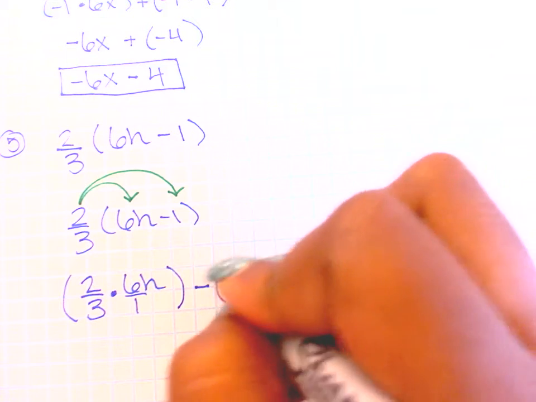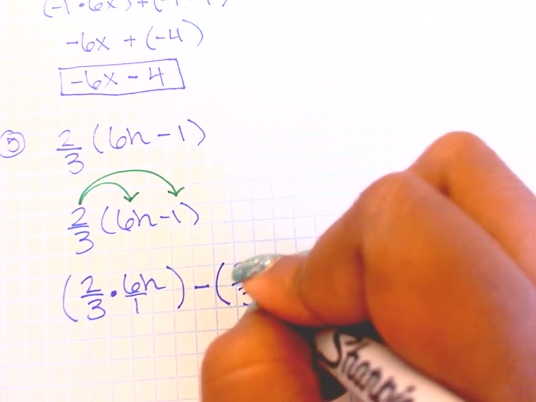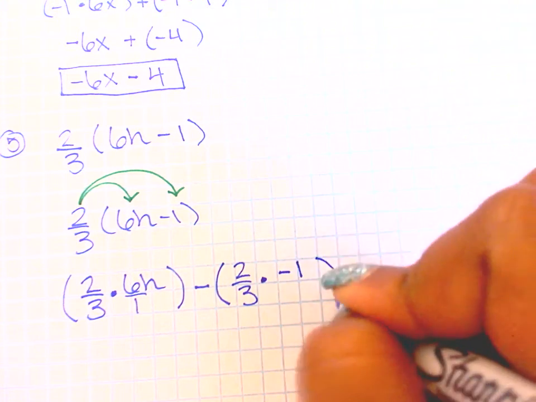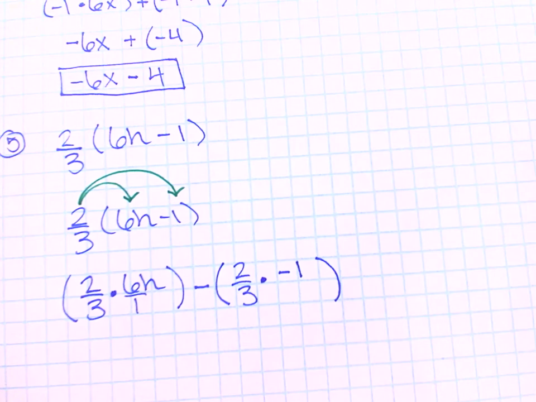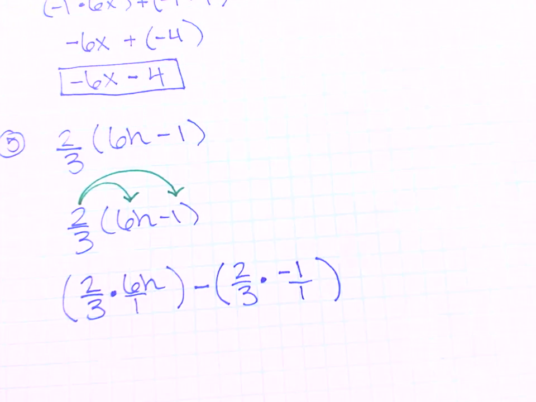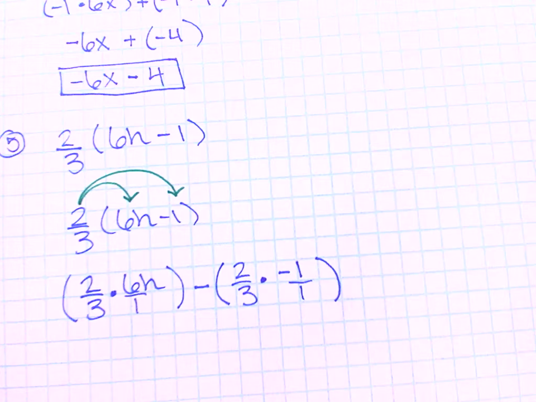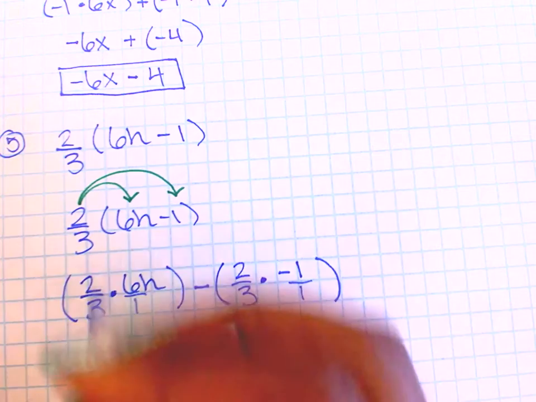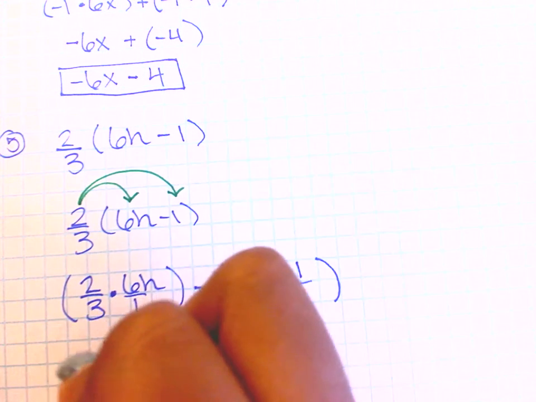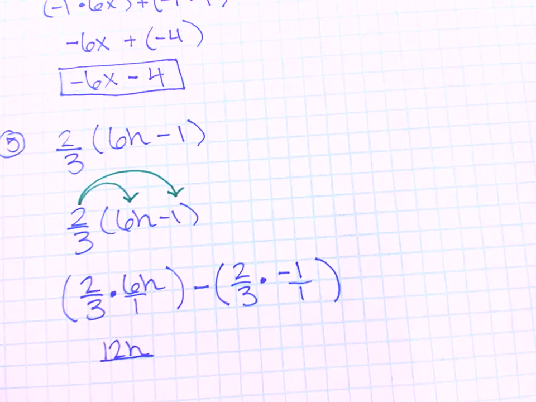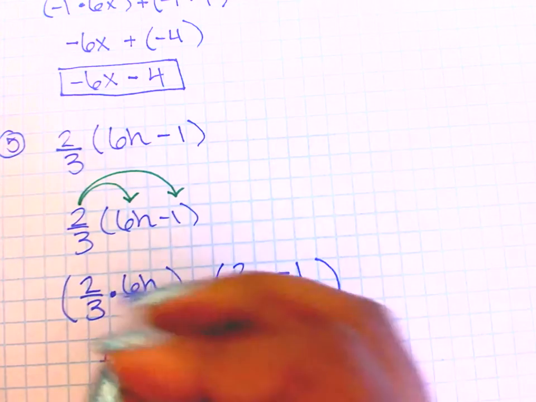And then I have 2/3 times -1. And what can I put that -1 over? 1. Because whole numbers can be over 1. So now this is easy. It's cinchy. 2 times 6 is 12, so I have 12h on the top. And 3 times 1 is 3.